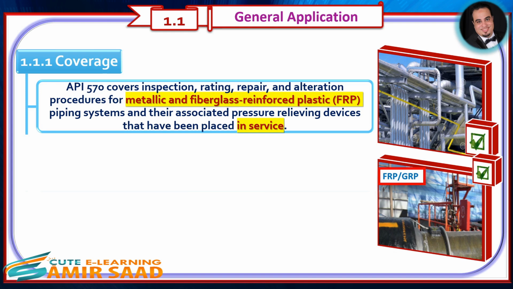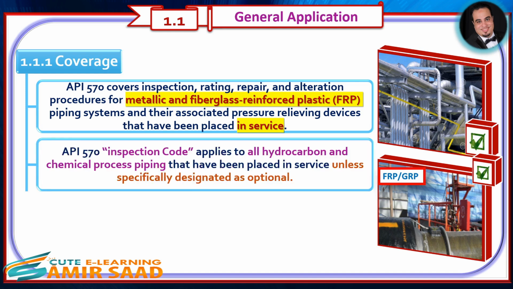General application coverage. API 570 covers inspection, rating, repair, and alteration procedures for metallic and fiberglass reinforced plastic (FRP) piping systems and their associated pressure relieving devices that have been placed in service.